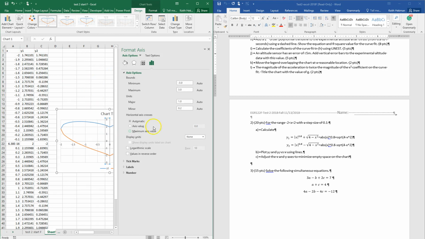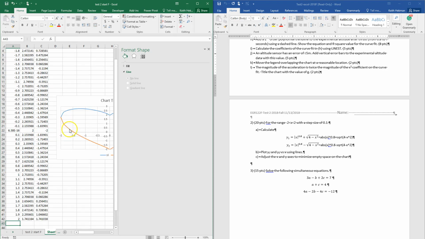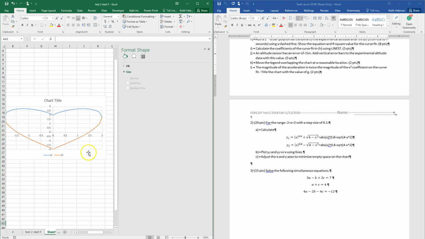And the vertical, we can start at -2 as well. And maybe this is 1.9999999. Now it's happy. So we have love in equation form.